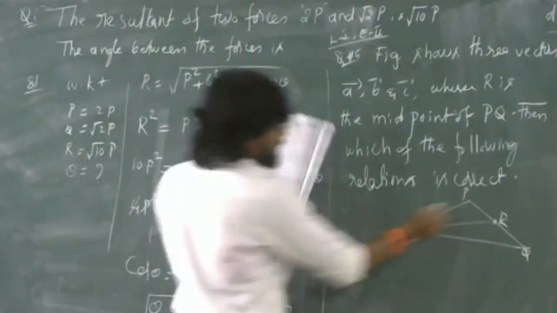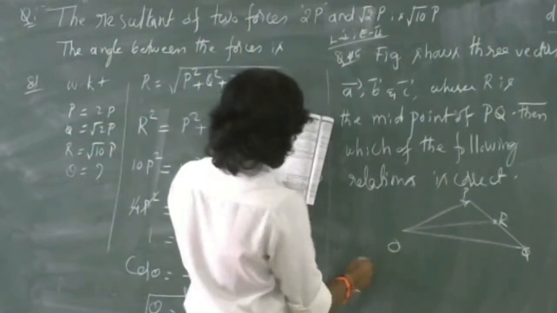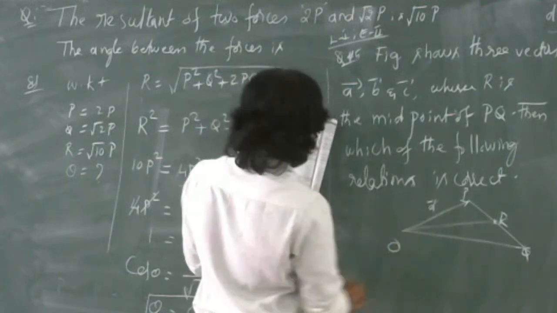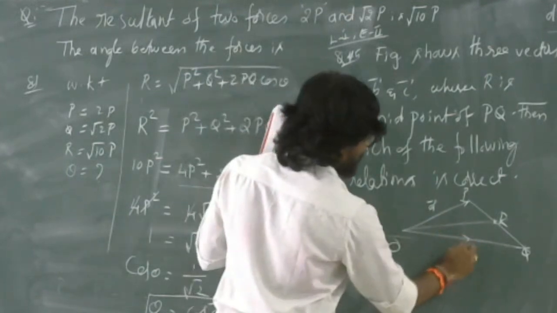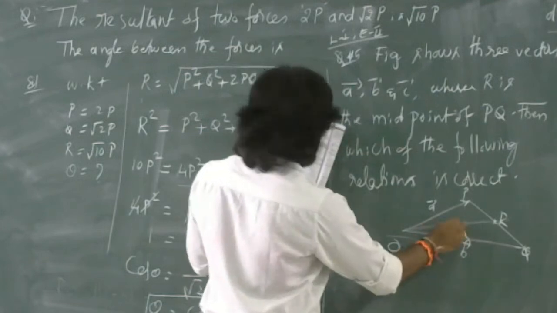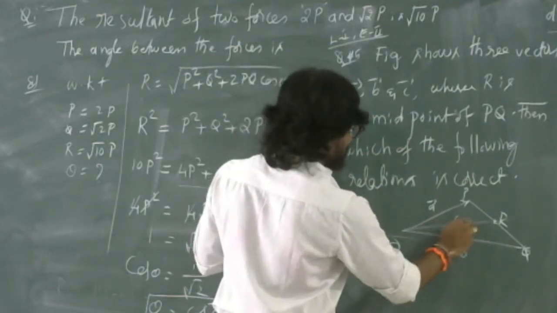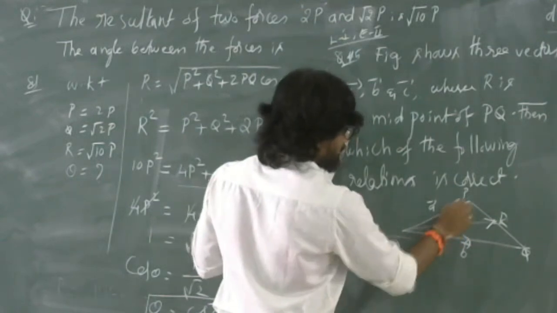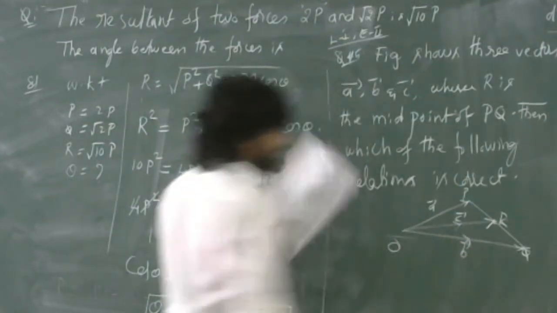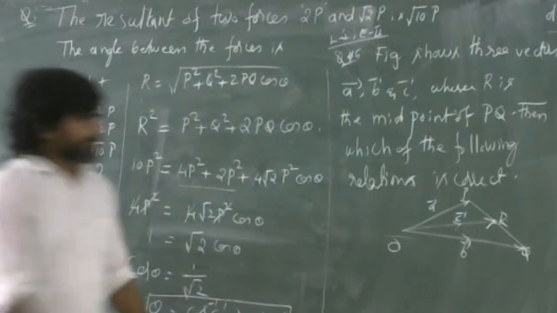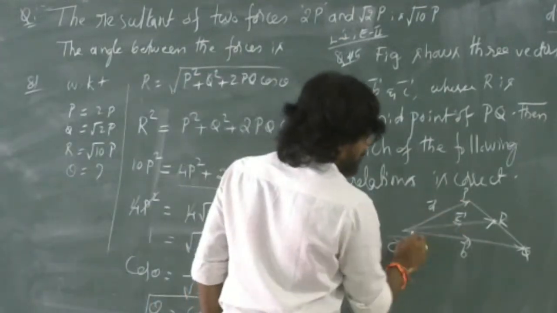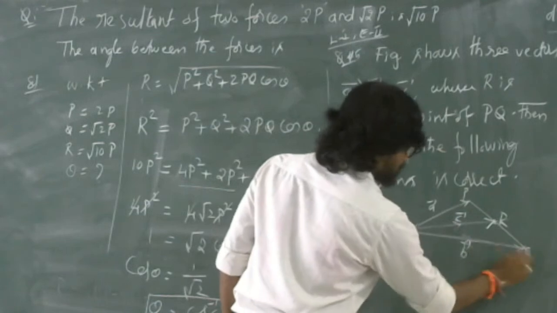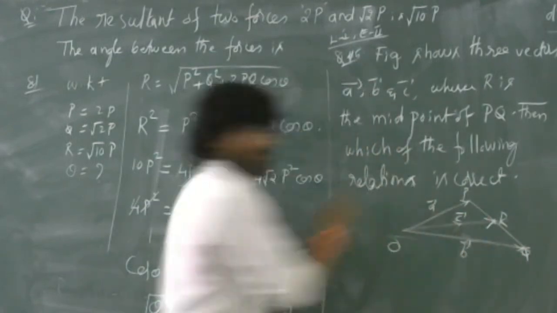It is mentioned that one is A vector, one is B vector, and another is C vector. The directions are given like this. You can write it like this. This is A vector, this is B vector, this is C vector.